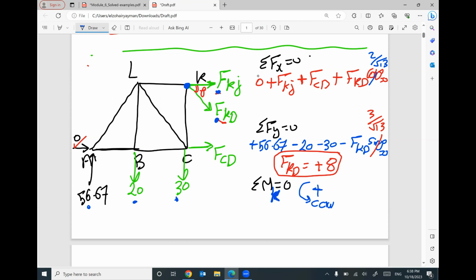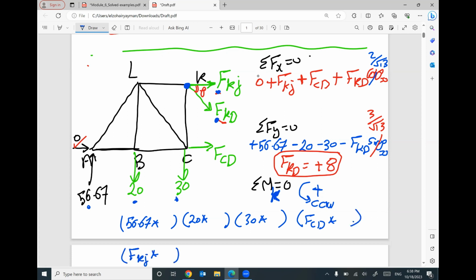So I have to list 56.67 times distance, 20 times distance, 30 times distance, FCD times distance, FKJ times distance, FKD times distance equals 0. I listed everything. I did not list this 0 because it's a 0.